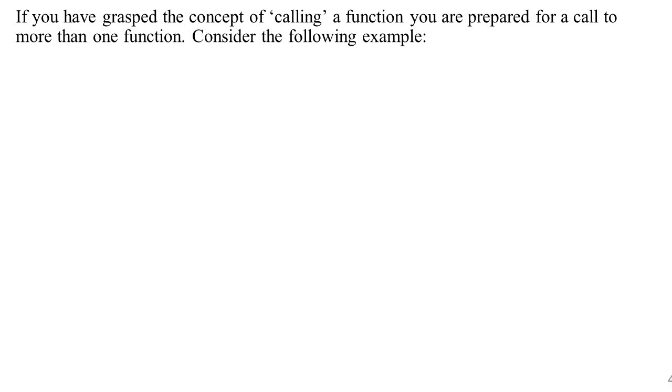Now you have grasped the concept of calling a function, you are prepared for a call from other functions. Now you just need to understand this example. Just see this concept, main printf.